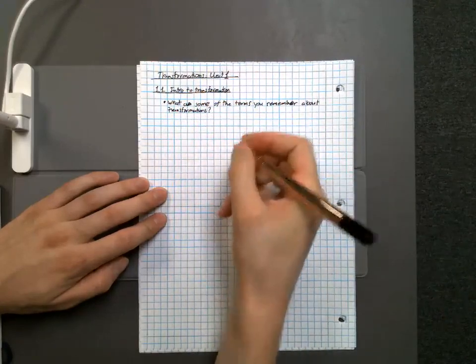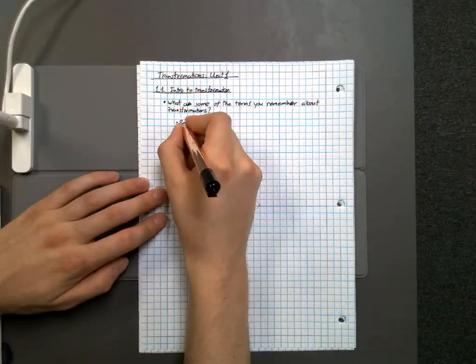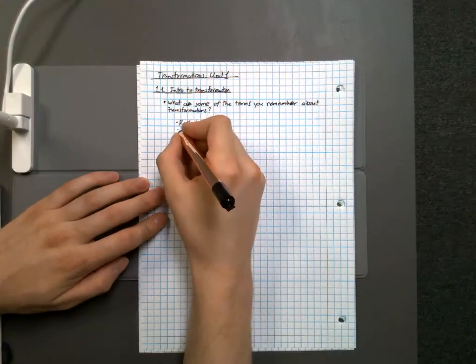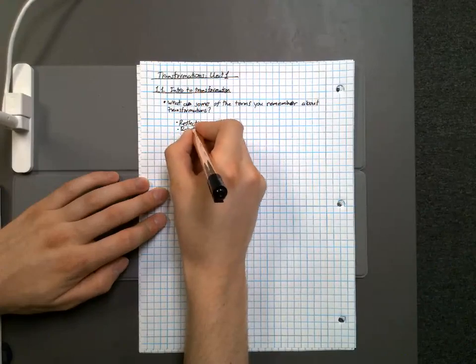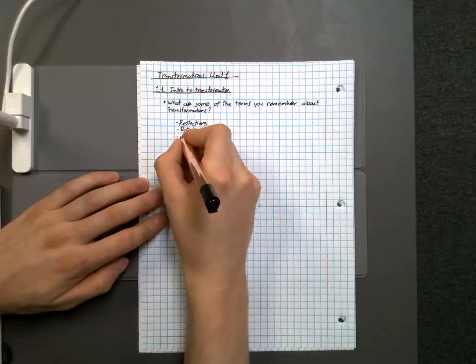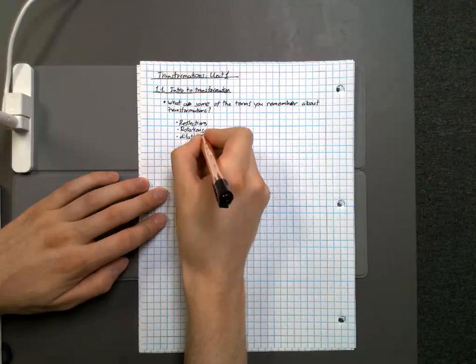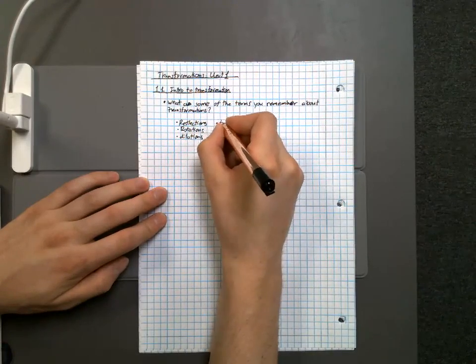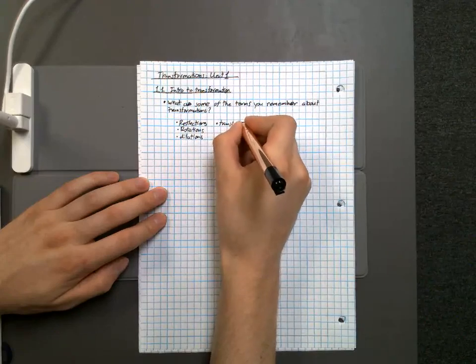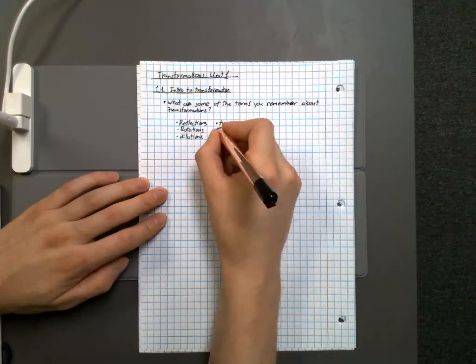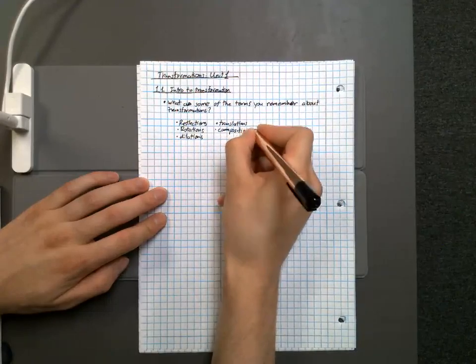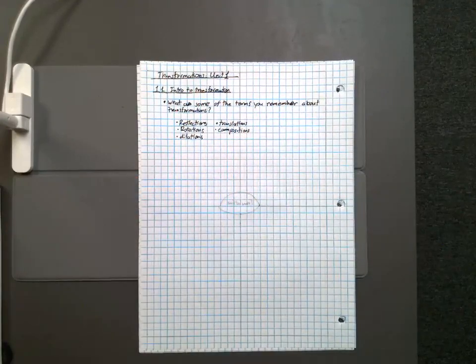Okay, well, some examples would be reflections, rotations, dilations, translations, and compositions. All right, there are some other options and other things out there that you can think of possibly, but those are just the basics that we're going to be talking about.